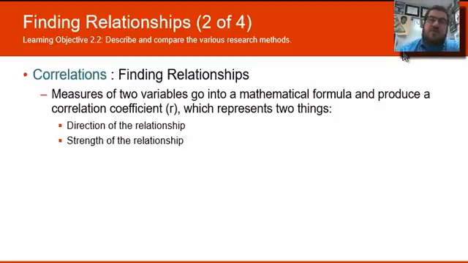So it's going to be somewhere between -1, a very strong negative relationship between the two variables, where one goes up, the other goes down, and closer to +1, a very strong positive relationship where they both move in the same direction.